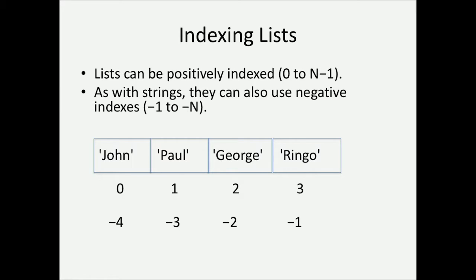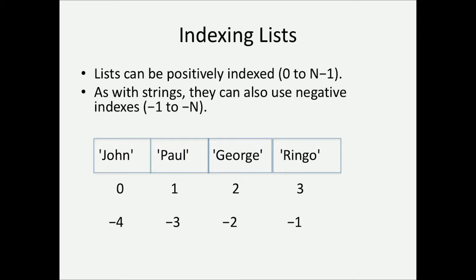So we have John, Paul, George, and Ringo. Each of those is an element. And we can number them. If we want to use positive indexing, non-negative indexing, they run from 0 to n-1, where n is the number of elements in this case. Or we can use negative indexes, and they run from -1 to -n, where again, n is the number of elements.